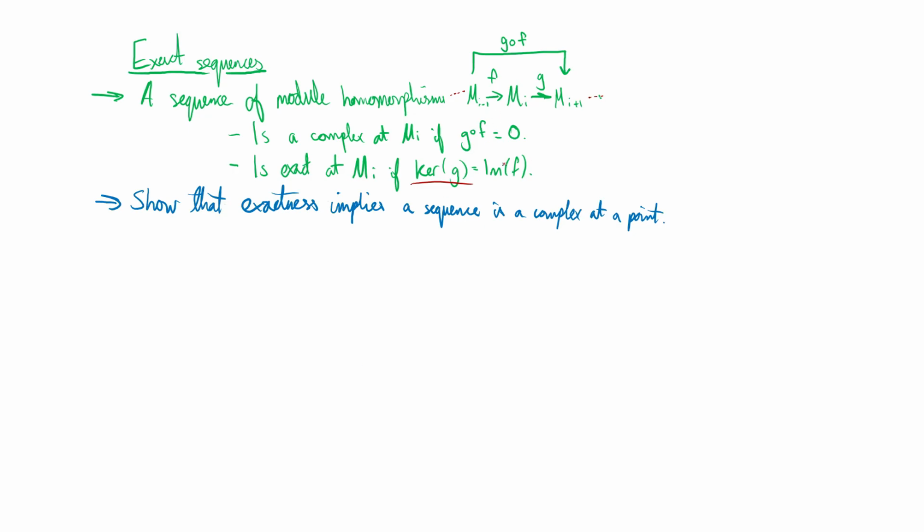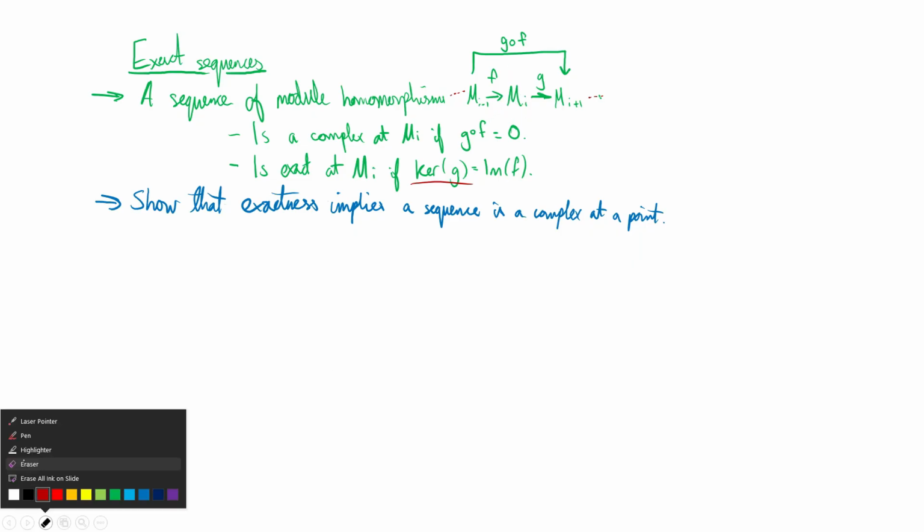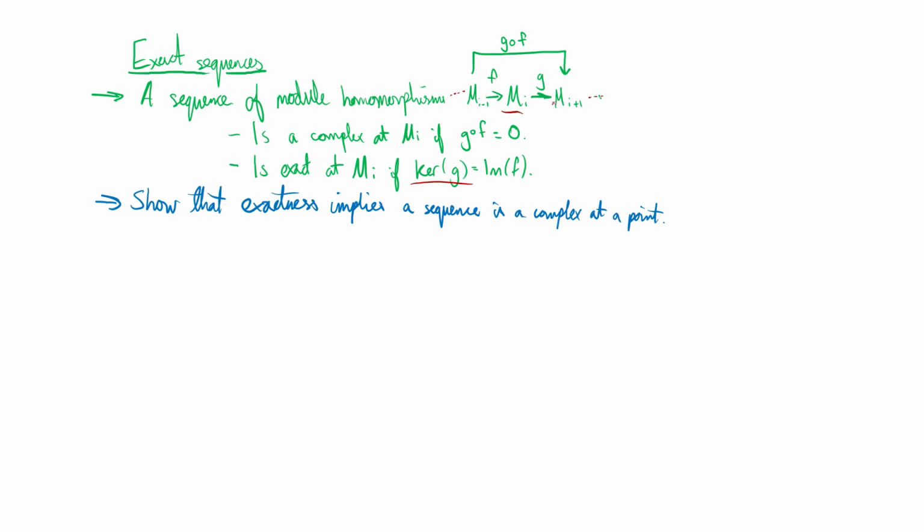If the kernel of G is equal to the image of F, then everything in M_i which gets mapped to 0 in M_{i+1} is everything which M_{i-1} gets mapped to. I have actually seen this.